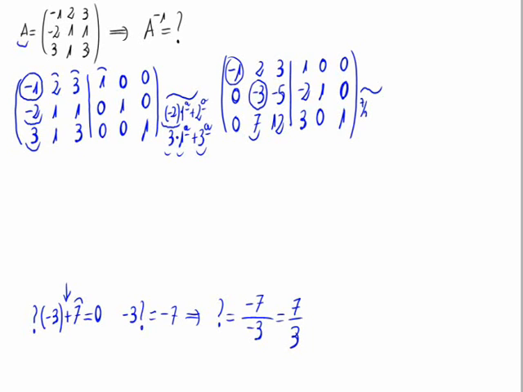Now we multiply 7 over 3 times the second row plus the third row.